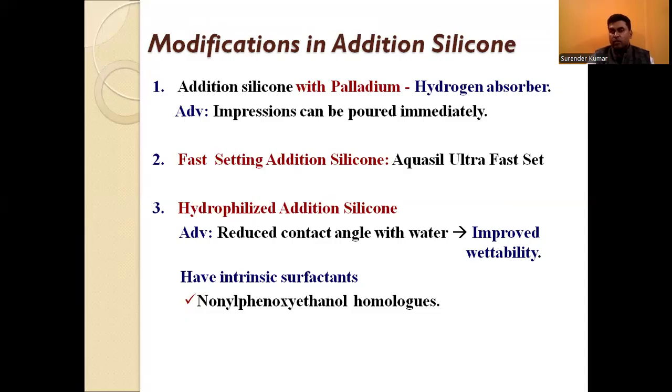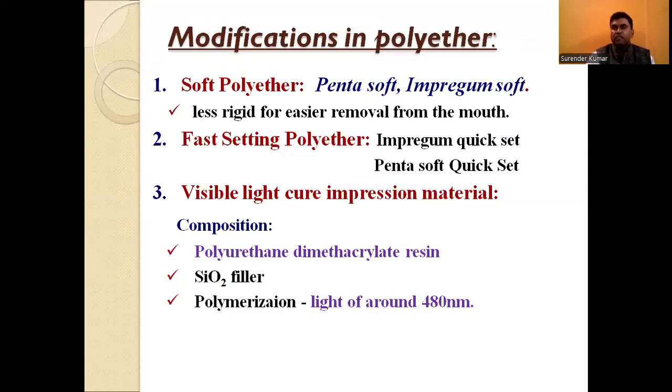They can reduce the contact angle with water and improve wettability by adding intrinsic surfactants inside the addition silicones, like nonylphenoxyethanol homolog. Now, modifications in polyethers: they have made them softer, for example Pentasoft and Impregum Soft, which are less rigid for easier removal from the model. Fast-setting polyethers: Impregum Quick Set, Pentasoft Quick Set.